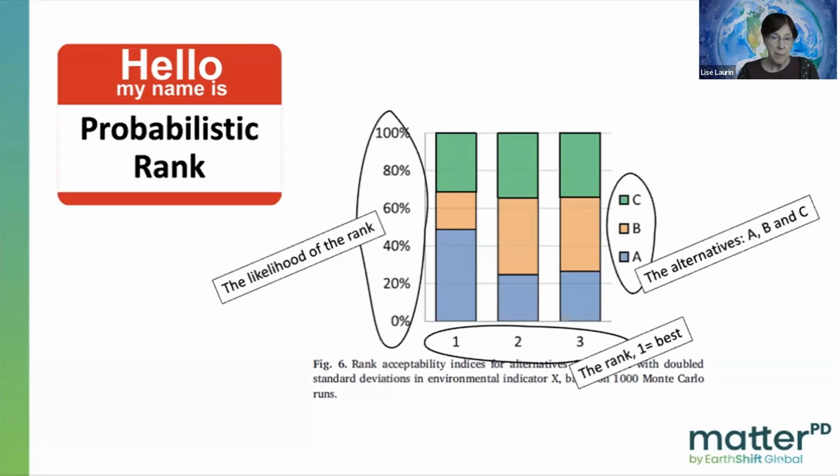So here, 1 would be 45%, 2 would be about 20%, and 3 would be about 30%, right? So that would be my score, if you will. Let's go to the next one.